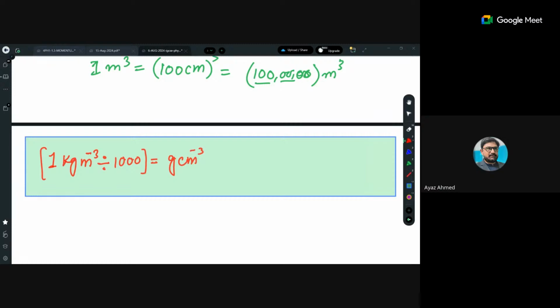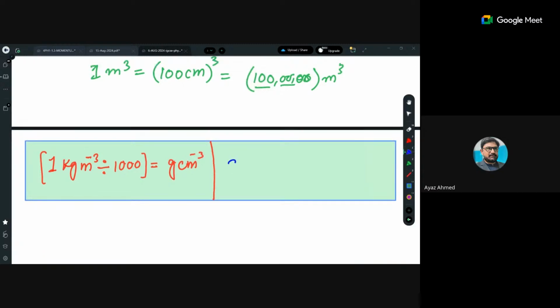On the other hand, if you have a number in grams per cubic centimeter, you multiply it by 1000 and you will get a number in kg per cubic meter. Density will not change. You just have to recall a conversion. That's it. Okay, is this clear?